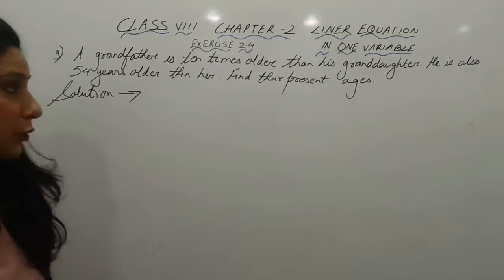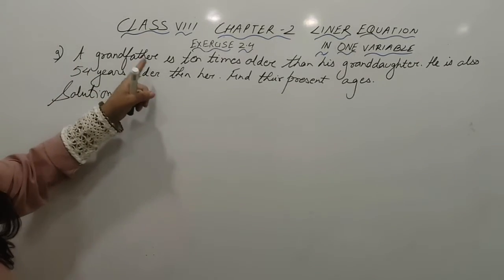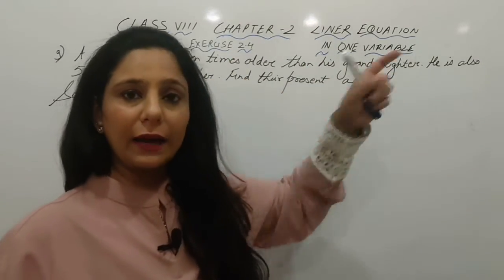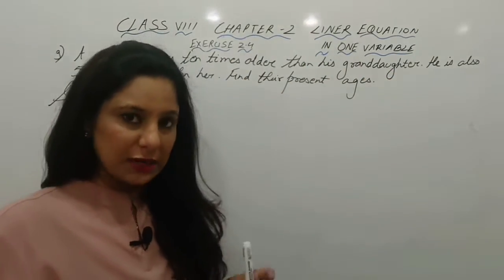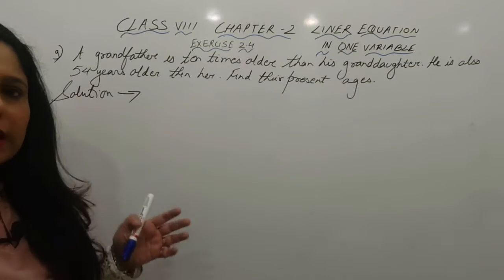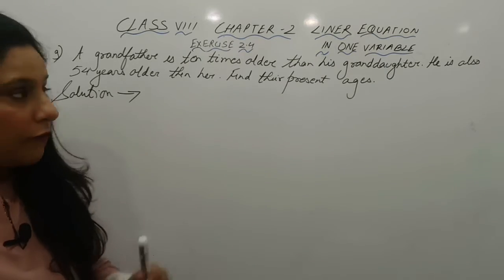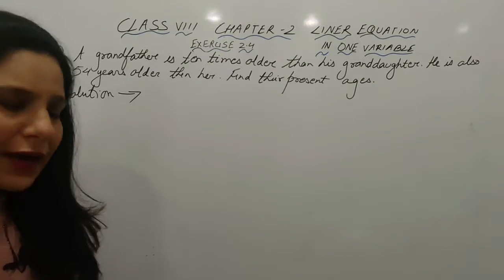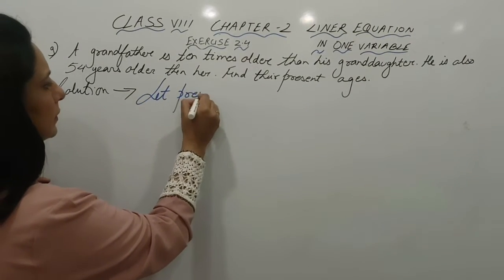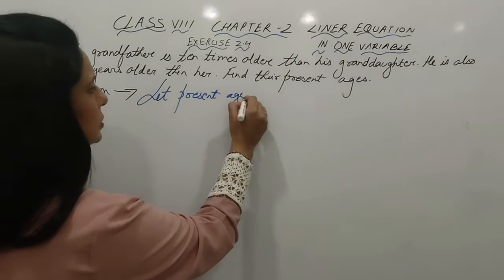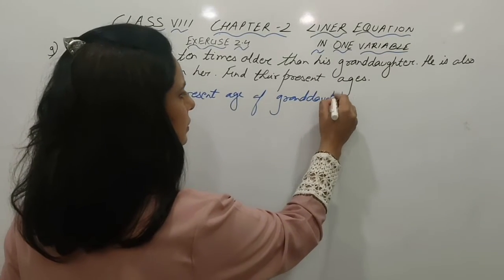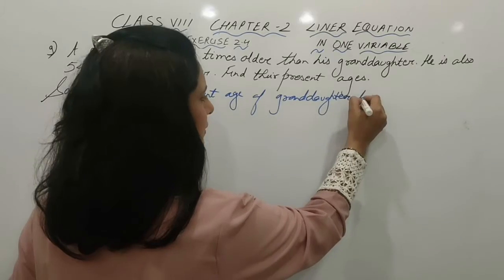चलिए next question को read करते हैं. A grandfather is 10 times older than his granddaughter. हम एक यहाँ pause लेंगे. Grandfather कितने हैं granddaughter के? He is 10 times of the present age of his granddaughter. So how are we going to start our question? Let the present age of granddaughter be x.